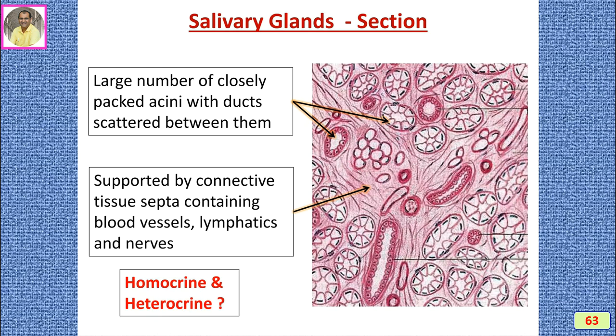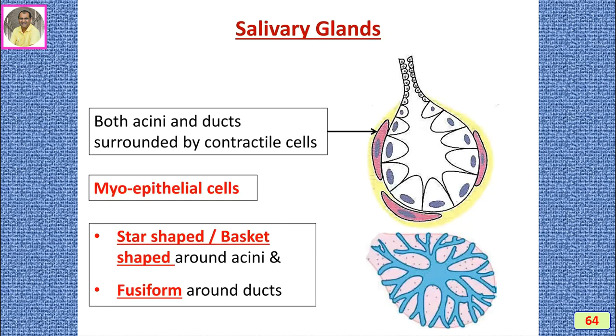The salivary gland cells are always connected with blood vessels, lymphatic vessels, etc. And the salivary cells are always surrounded by myoepithelium.